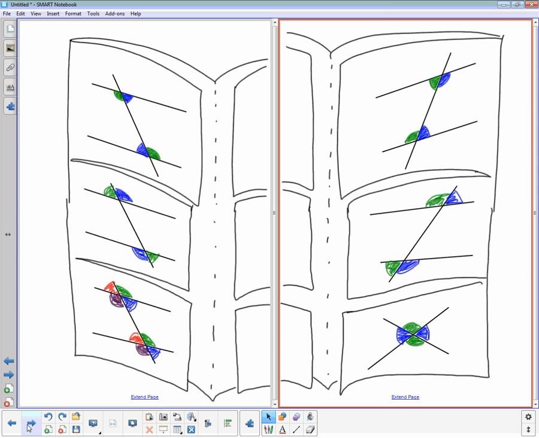All right. So using two different colors, guys, there should be plenty over there. Get to work. Get to drawing.